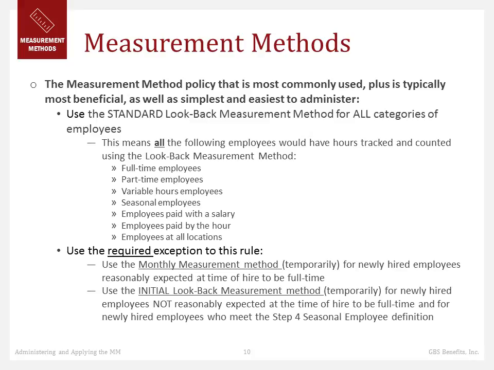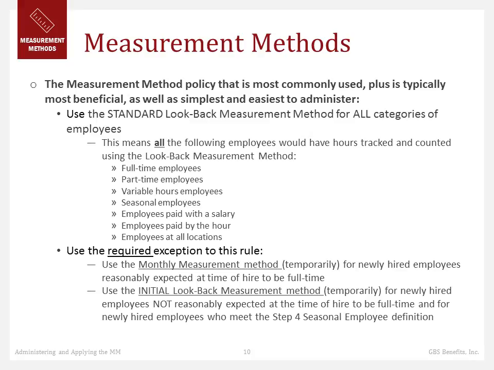So, the measurement method that is commonly used, plus is typically most beneficial as well as simplest and easiest to administer, is to select the standard look-back measurement method for all categories of employees. And again, like I said on the last slide, this means that you would be using that method for all of your employees, including full-time, part-time, variable, seasonal, paid by the hour, paid with salary, employees at all locations, and so on.